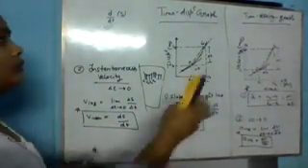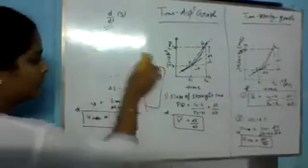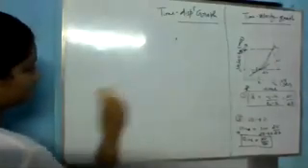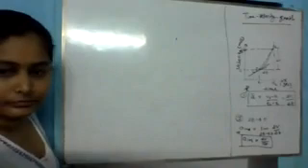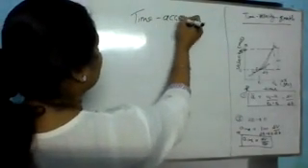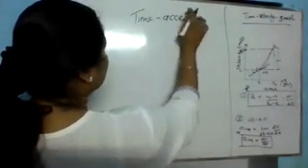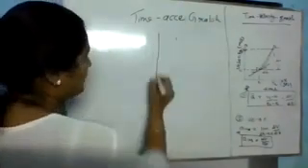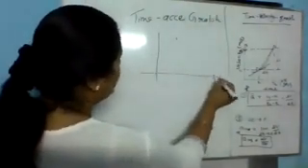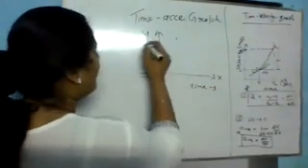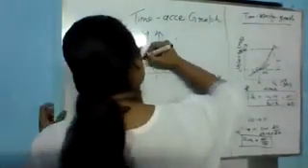Now come to the time acceleration graph. See, in the time acceleration graph, on the x-axis we have time and on the y-axis we have acceleration.